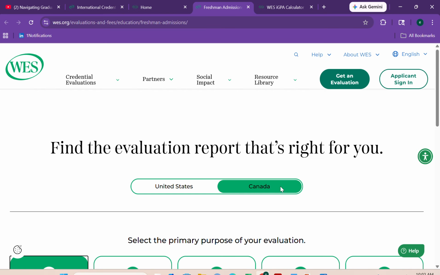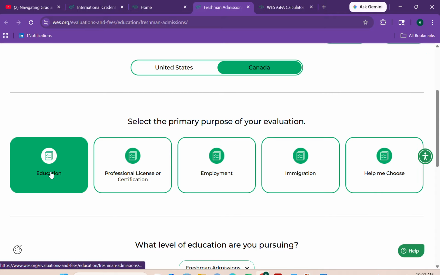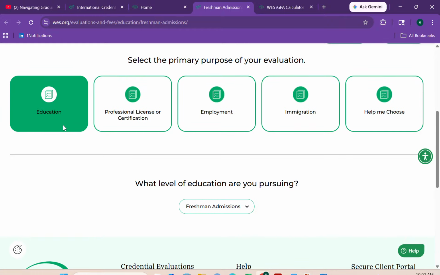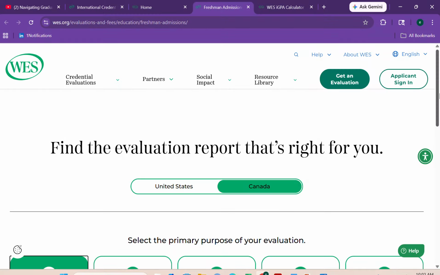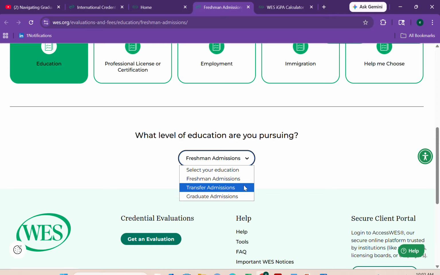Let's look at the cost involved. You click on this, Canada. Freshman.